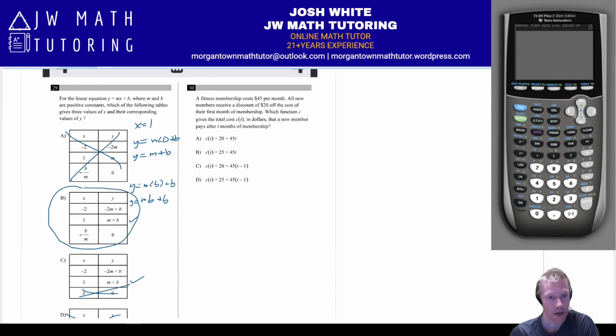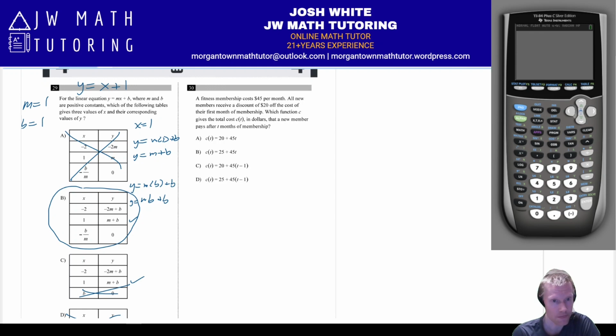Now, an easier way to do this might just be to pick numbers. Pick a number for m, pick a number for b. So I just chose 1 for each. In other words, let's say we have the linear equation y equals x plus 1. Then we go through the answer choices and plug in. m was 1, b was 1.